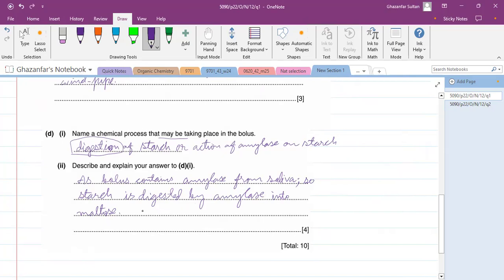So it is not necessary to mention that here, but you can incorporate this into your answer.